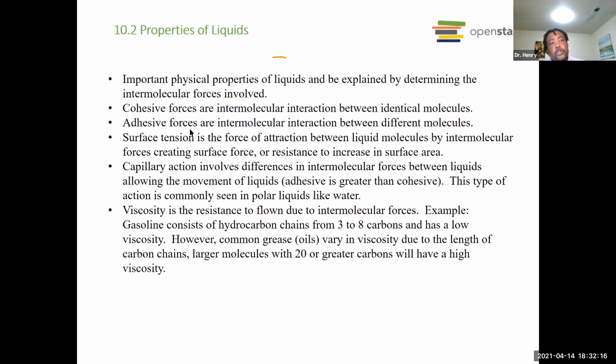It's greater, so you're getting suction, the blood running up the tube, because the blood says, oh, something new, let me go up that. It's interacting with the glass tube used to collect the blood sample. Does that make sense? Those factors are going to be playing a part, and we're going to talk about that. You're going to see some images of that. I'll go over it a little bit more.